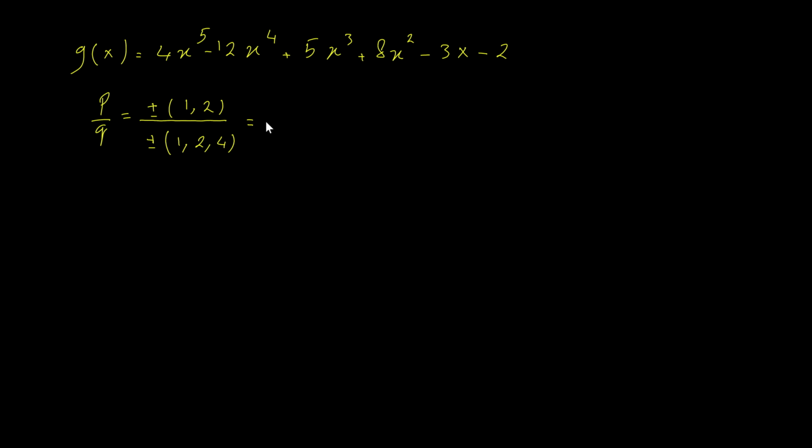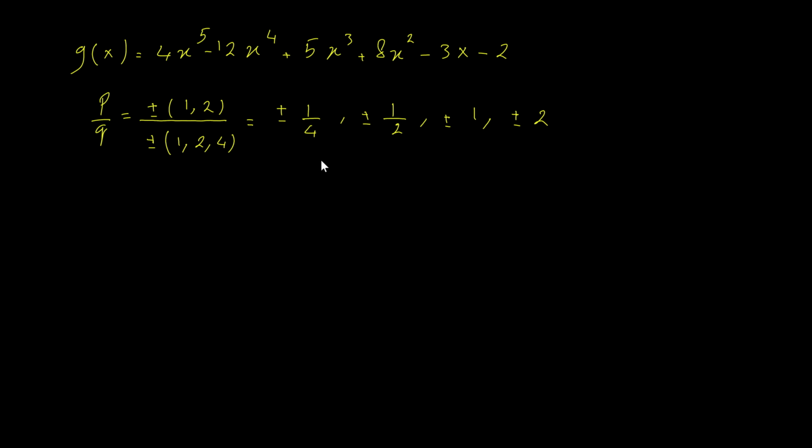We do the same thing that we did before, and we get these values: plus or minus 1 over 4, plus or minus 1 over 2, plus or minus 1, plus or minus 2. So these 8 values are the possible roots of the polynomial.